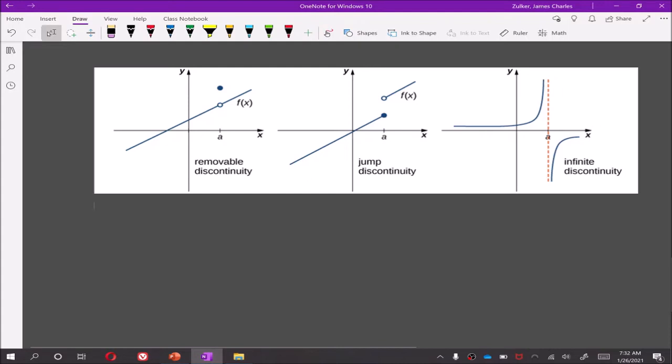Now, the interesting thing about removable discontinuities is you can remove it by simply redefining the function. Right?